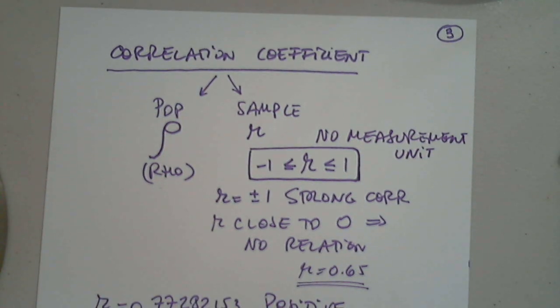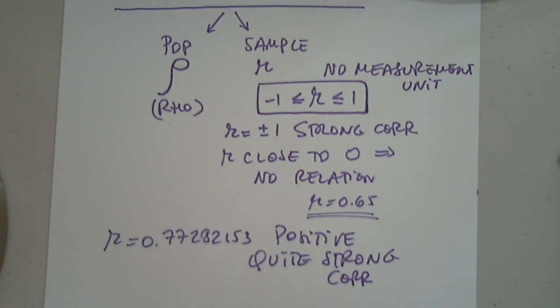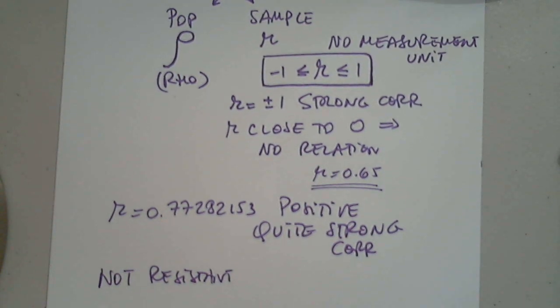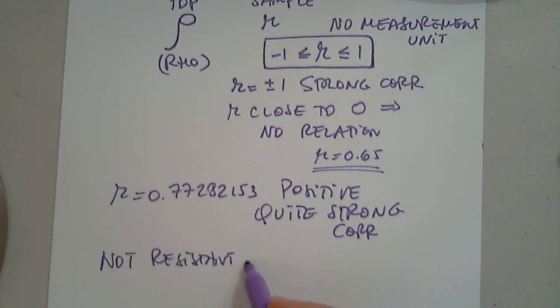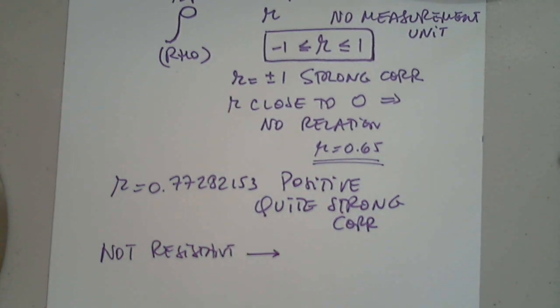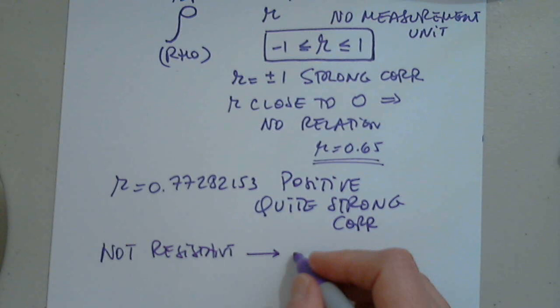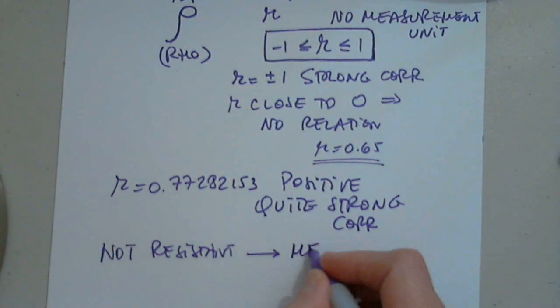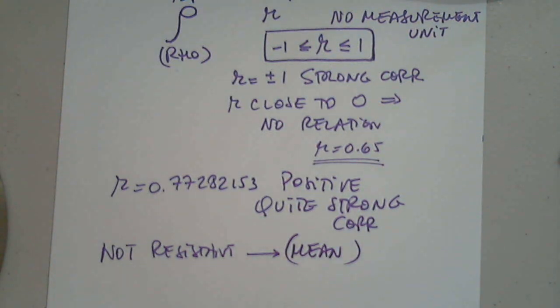And something very important, it is not resistant. Can anyone give us an example of another non-resistant statistic? Median? Non-resistant. It's the mean. Mean. Standard deviation. Mean is not resistant.